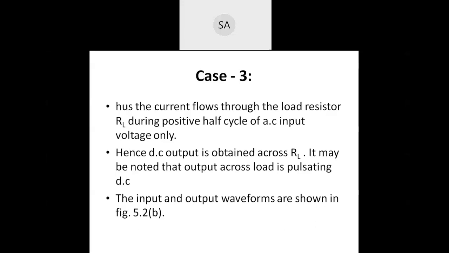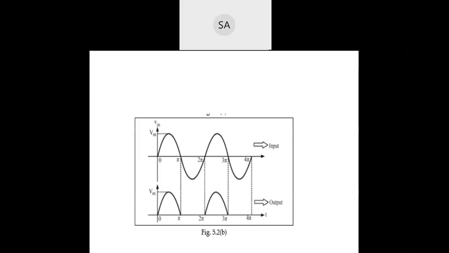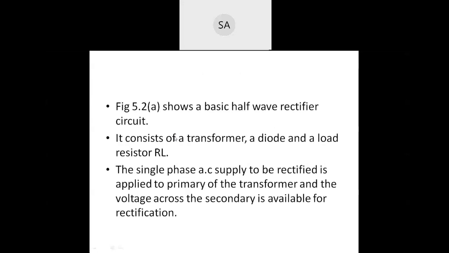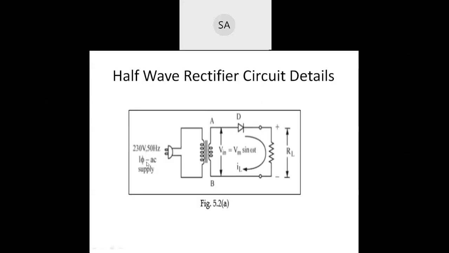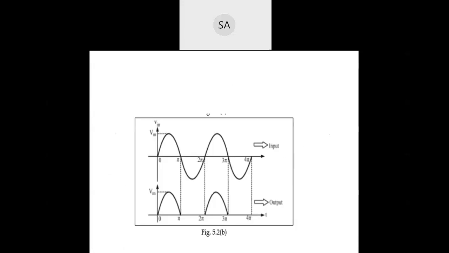So the input and output waveforms are shown in figure B. This is the actual input voltage we are applying at the AC mains, that is, the 230 volts, 50 hertz, single phase AC supply. That is the sinusoidal input voltage we are showing here.